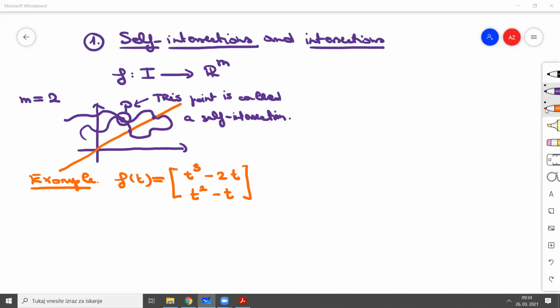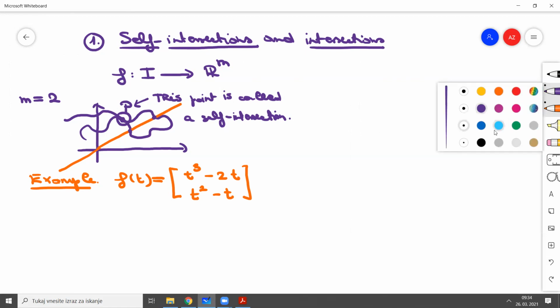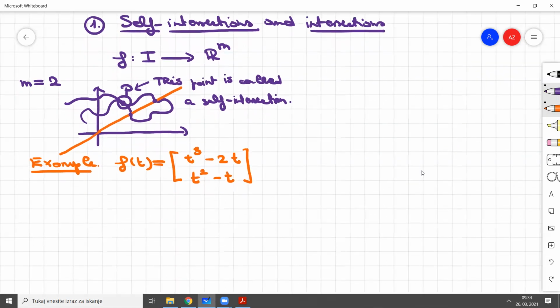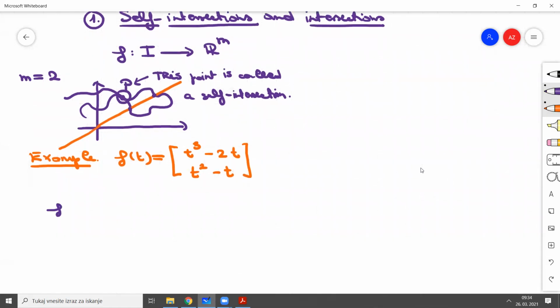So the condition is that f of t1 is equal to f of t2 for different t1 and t2. This is actually the self-intersection condition.